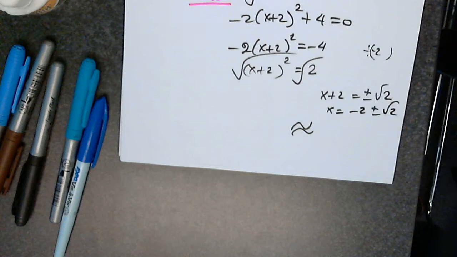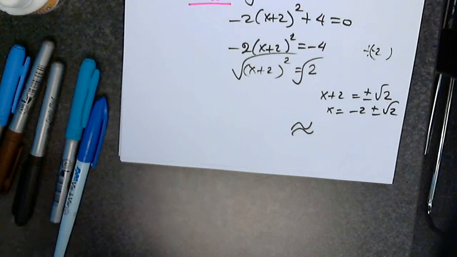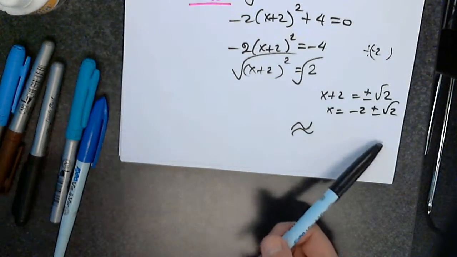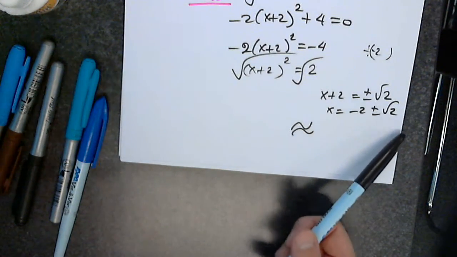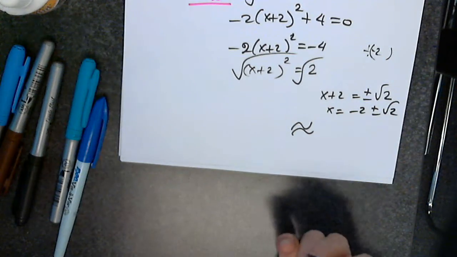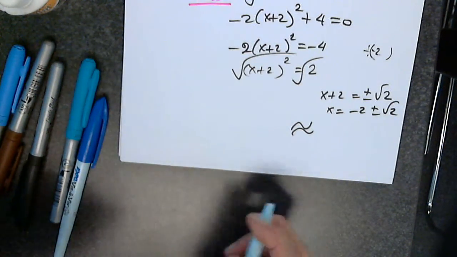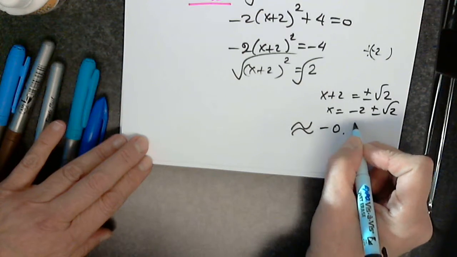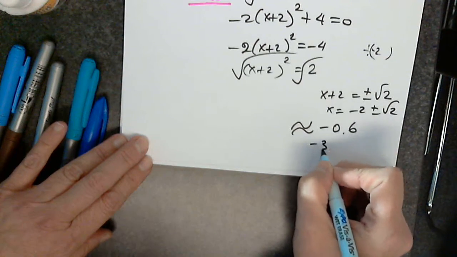So I'll grab my calculator, and I have negative 2 plus the square root of 2, and the other one with minus. Because if you ask me to plot the point negative 2 plus the square root of 2, comma 0, I will not really know till I look at the approximated value. So negative 0.6 roughly, and negative 3.4.